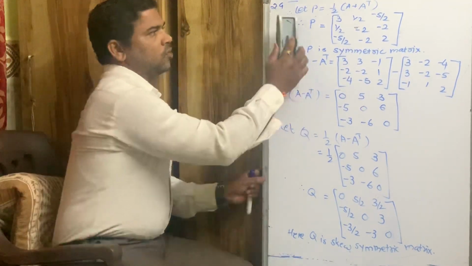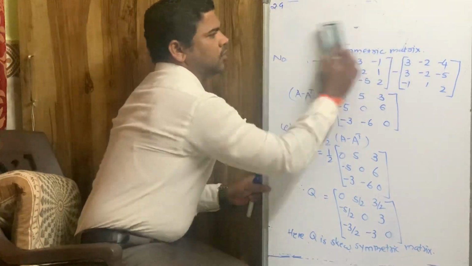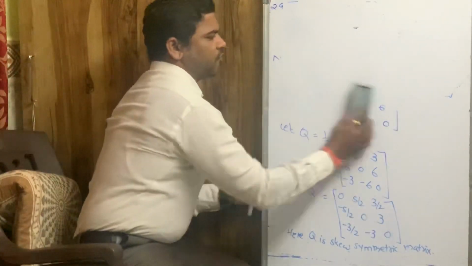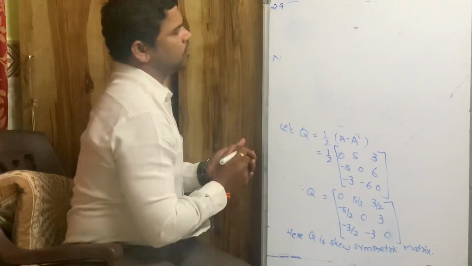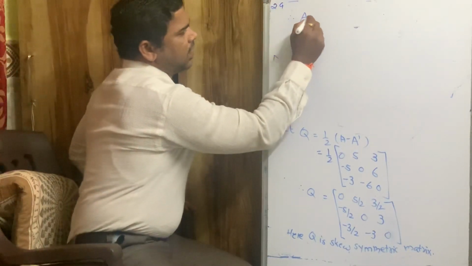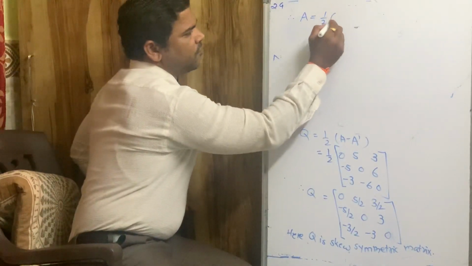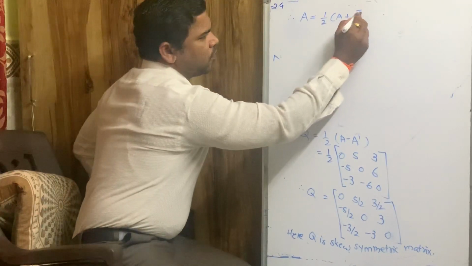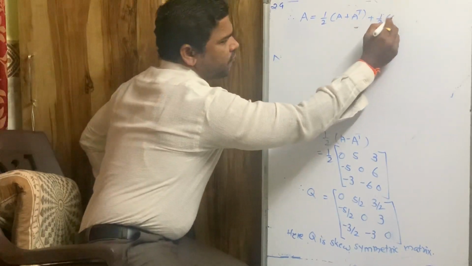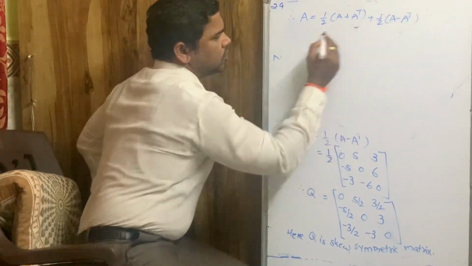Are you getting it? So finally we have to write that A is equal to half of A plus A transpose plus half of A minus A transpose.